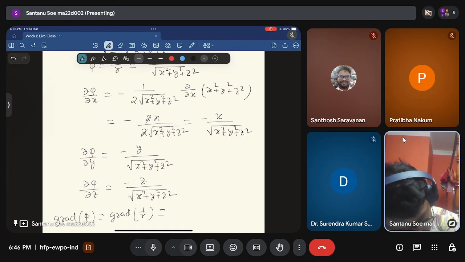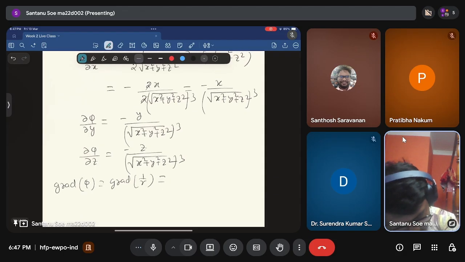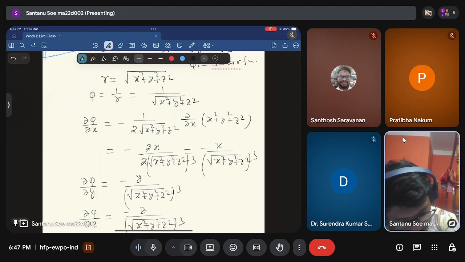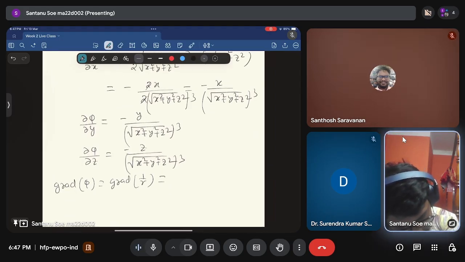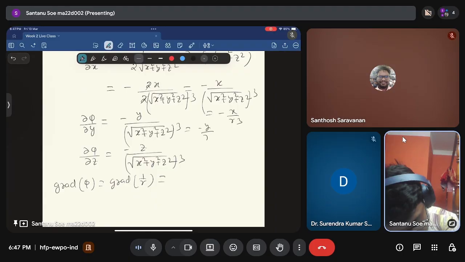This will be the whole cube, because you just do the derivative with respect to the variable x, putting y and z to be constant. So this is just minus x by r cube, minus y by r cube, and minus z by r cube.